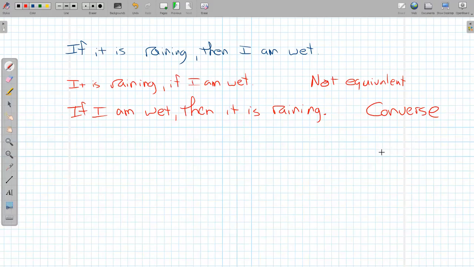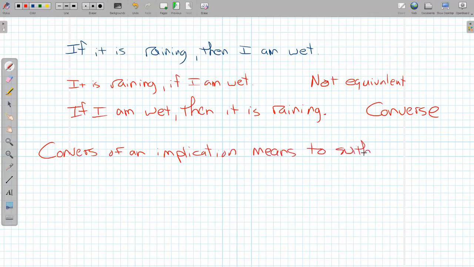And I'll give some other examples of that before. So converse means to switch the premise with the conclusion. So the converse of an implication means to switch, actually it's called a hypothesis more accurately, hypothesis with the conclusion.